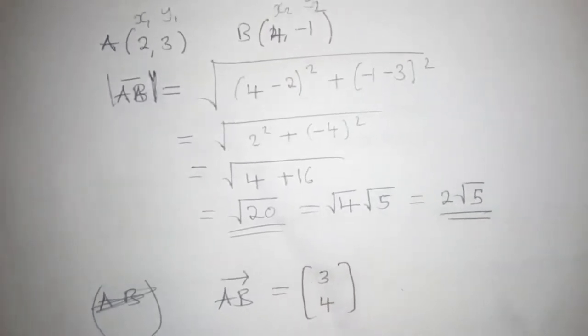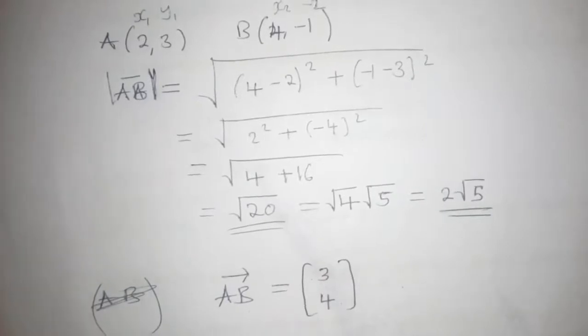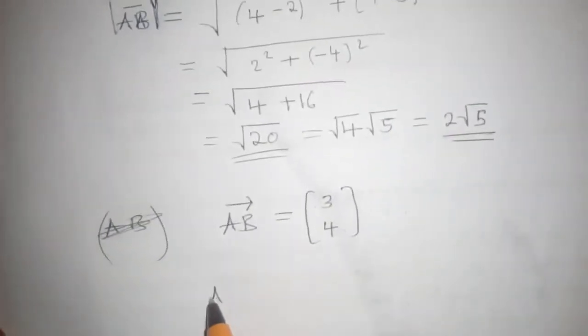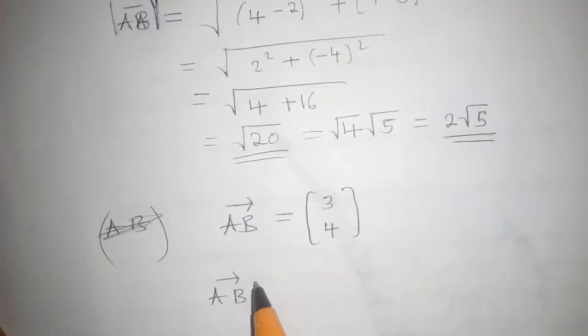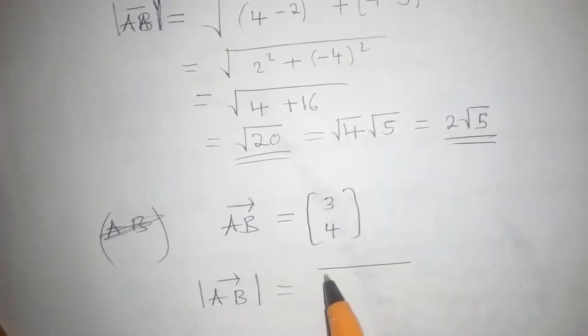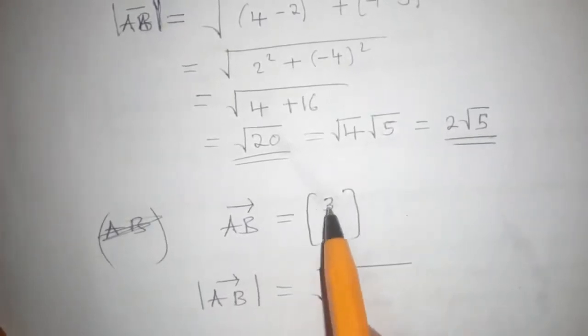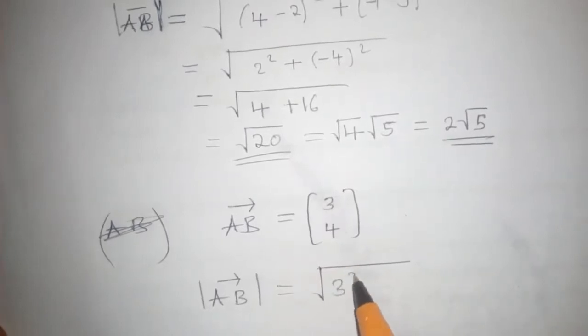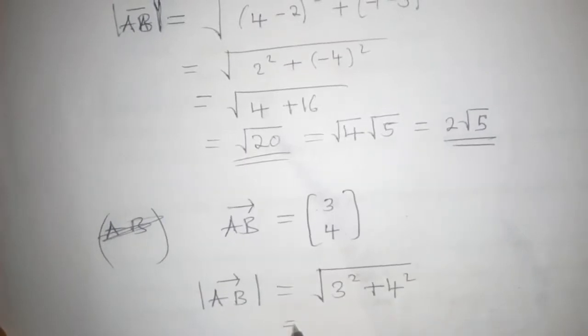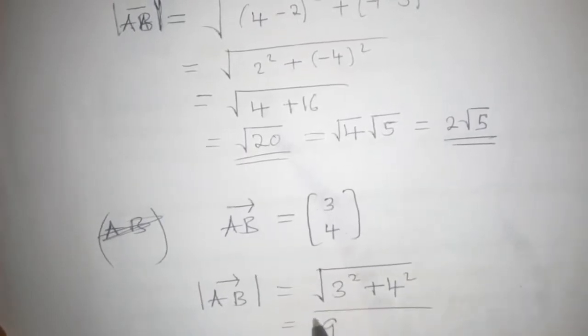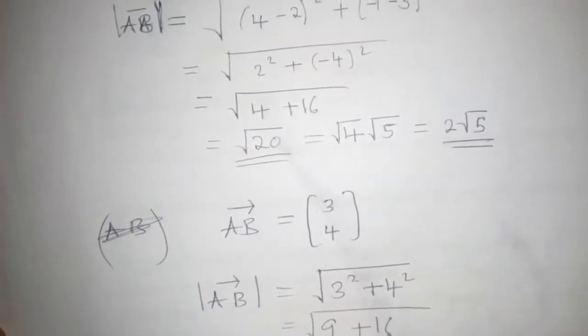4) here. So your duty, if they ask you to find the modulus of vector AB, you just write the root and get the number which is on top, 3 squared, plus the number which is down there, 4 squared. This is 9 plus 16.